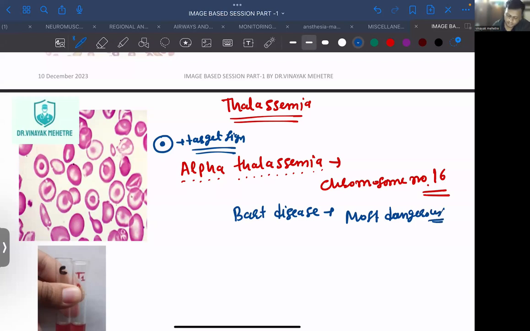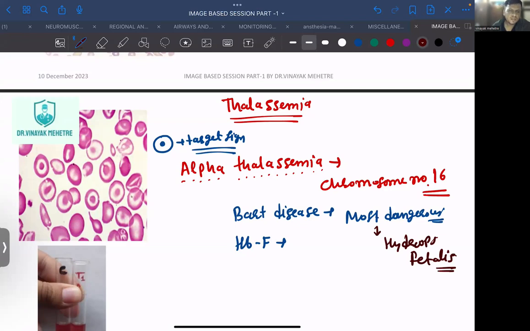Then comes hemoglobin F disease. Most dangerous means the patient will die in the mother's womb. This is what we call hydrops fetalis.